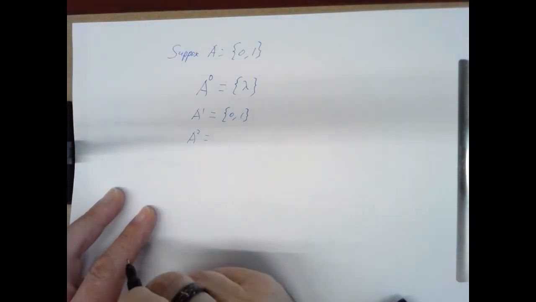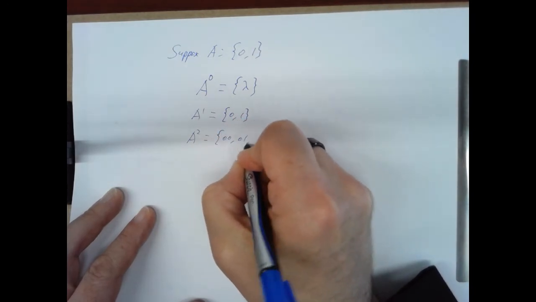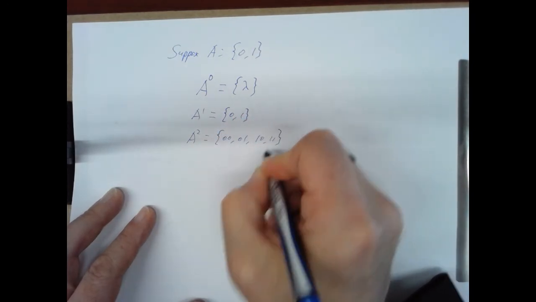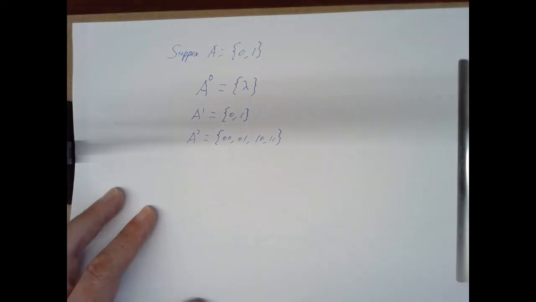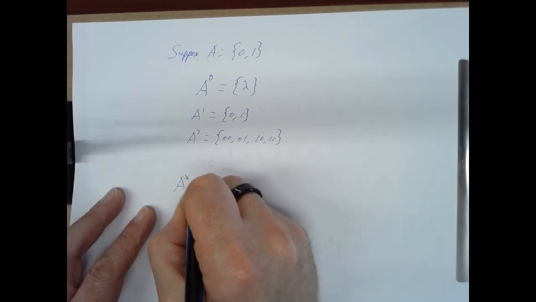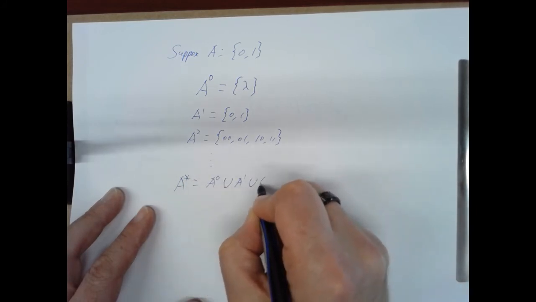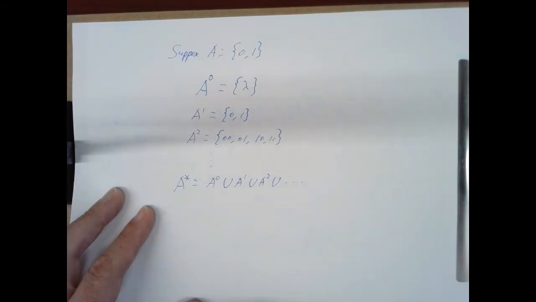A2 is the set of strings of length 2. So there's 4 of those, and so on. And A star is the union of all of these. So that's the set of all strings of any length, 0 or greater, comprised of symbols from the set 0 or 1.